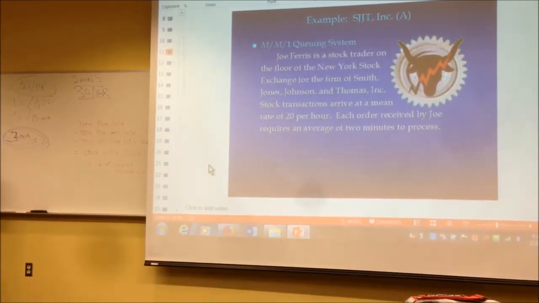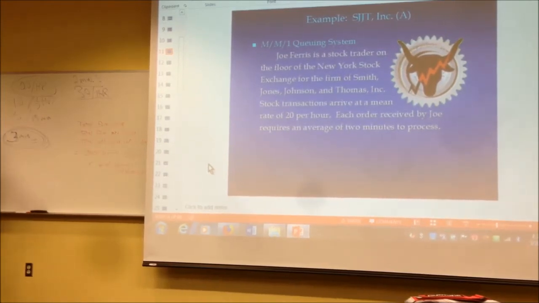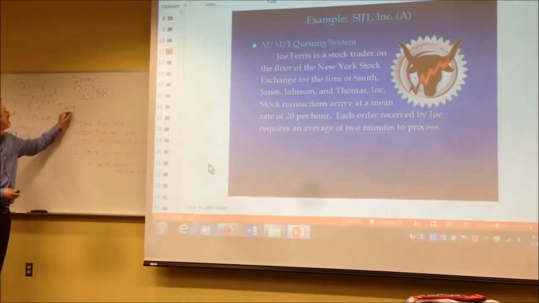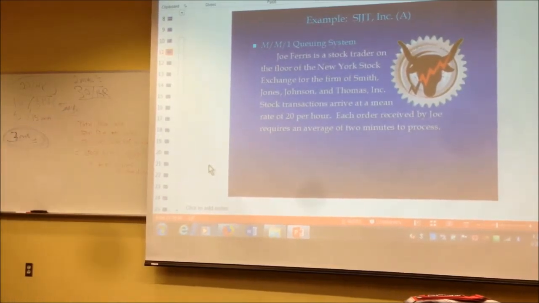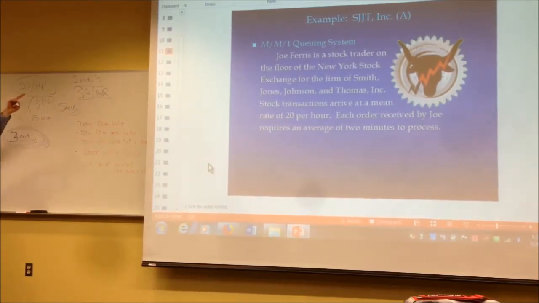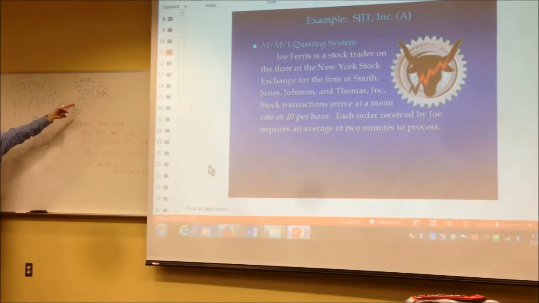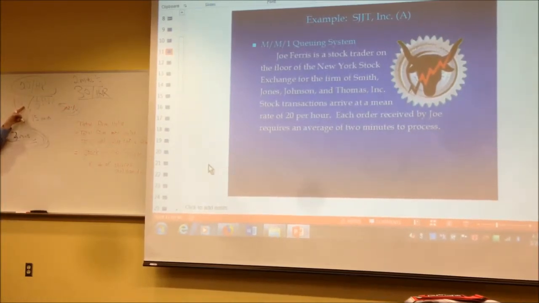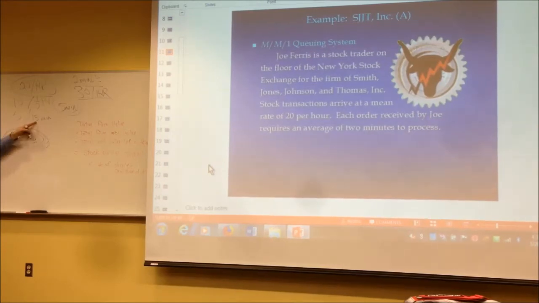Find the probability a customer will have to wait for a 5-minute interval. 5 minutes. We've got to convert our rate of arrivals to 5 minutes. We've got to convert our service rate to 5 minutes. So think this through. 20 per hour, 10 per half hour, 5 per 15 minutes.